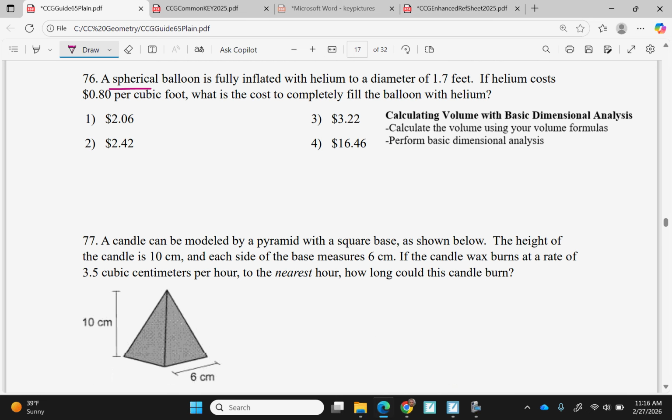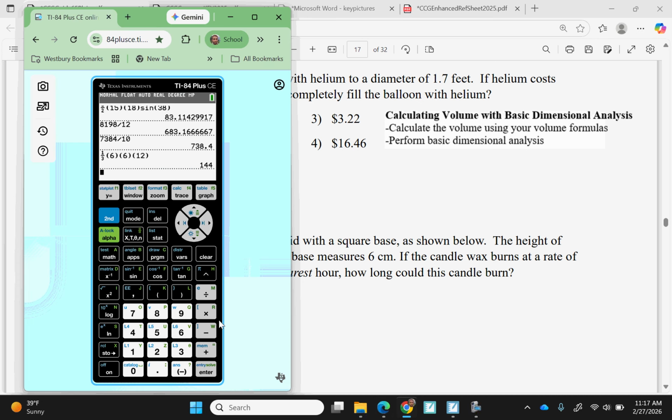So I write down V equals 4/3 pi r cubed. The radius is half of the diameter, so if the diameter is 1.7, then the radius is 0.85.